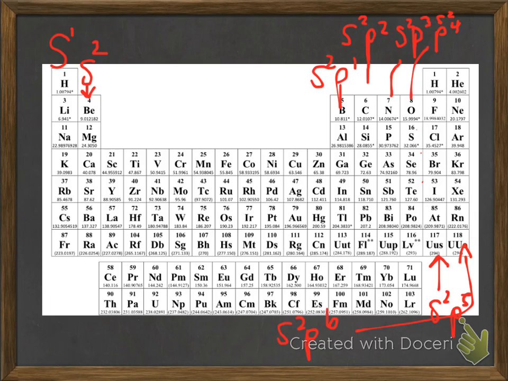So we now know that we can figure out the highest main energy level from the period, and the group will tell us what they end with. Are you seeing the shortcut in sight? Pardon? We're going to get there. That's a fantastic question. We're going to come back to that. Well, let's see.